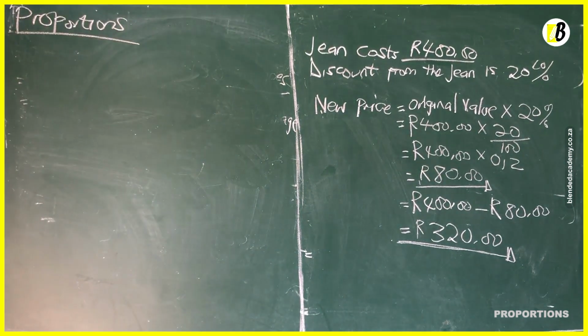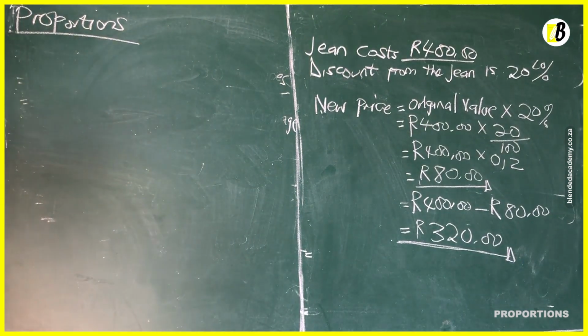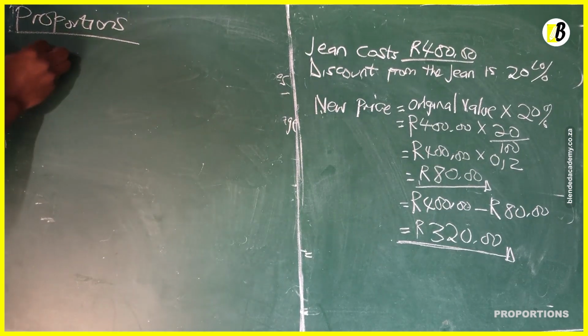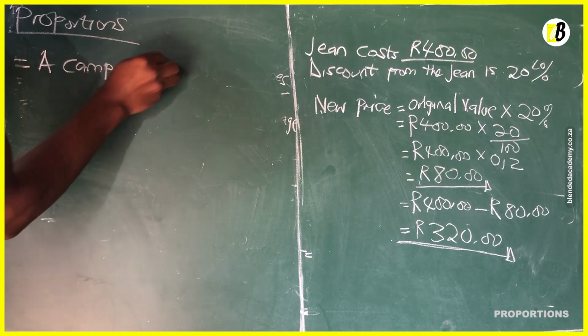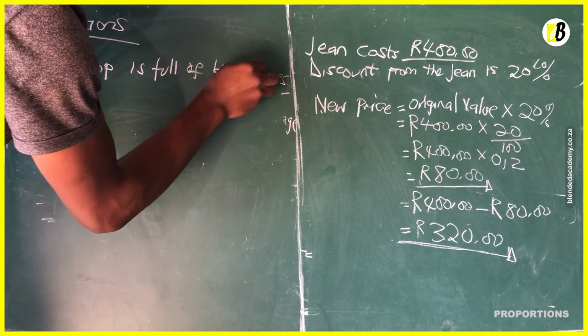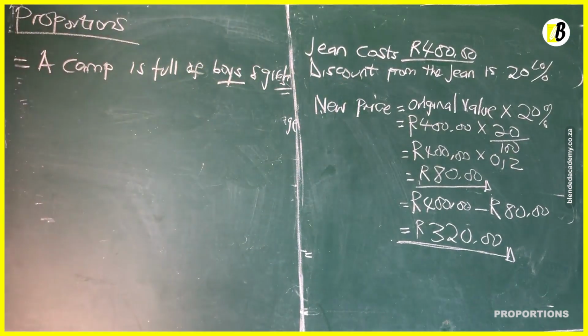So proportions. Now, you're being given that there is a camp with boys and girls, and you're being given a ratio. They said that a camp is full of boys and girls, right?